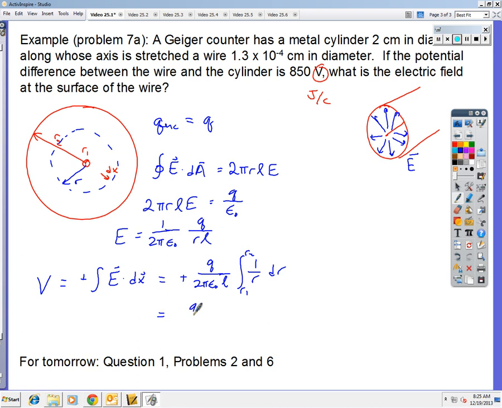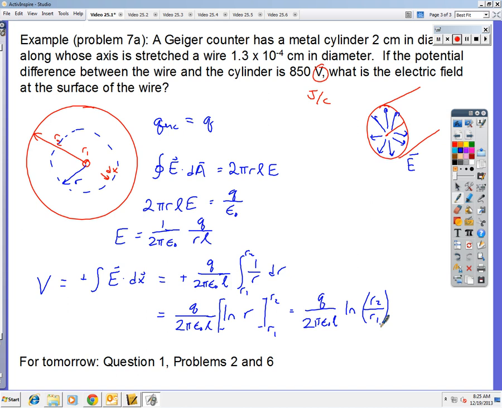A bit of calculus here, we have Q over 2 pi epsilon naught L times the natural log of R evaluated at R1 and R2, which in turn equals Q over 2 pi epsilon 0 L times the natural log of the ratio R2 over R1. Okay, so far so good.